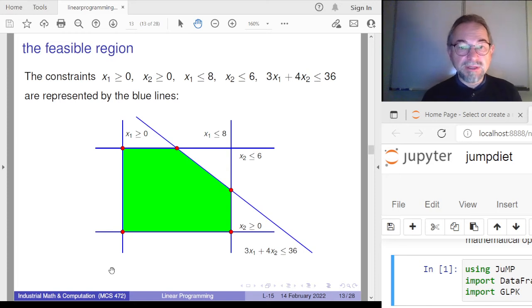And then we have the red dots. They are the intersection points, the vertices. It's a very important theorem in computational geometry that says that any polyhedron or any polygon can be defined either by its inequalities or by its vertex points.